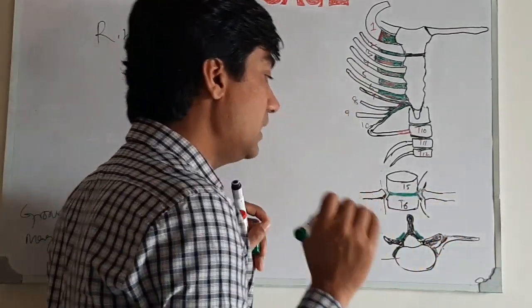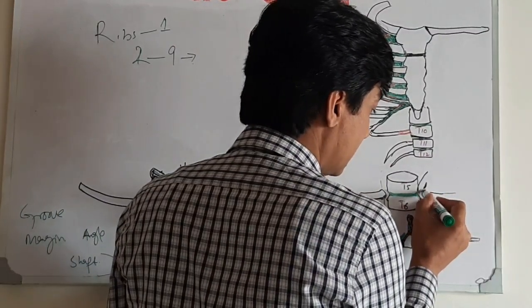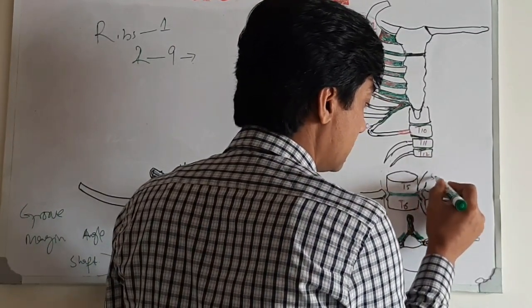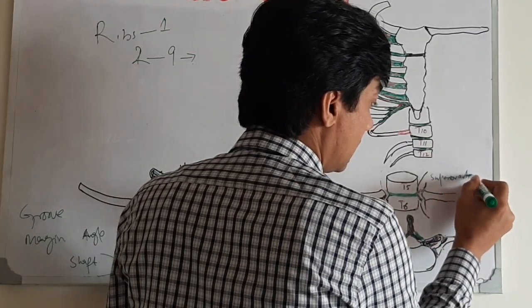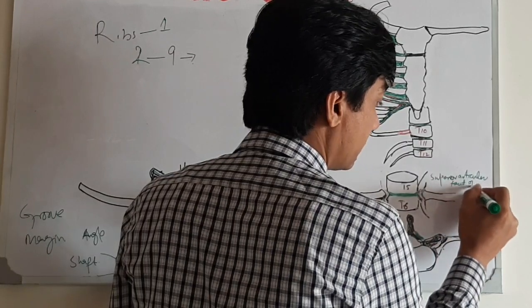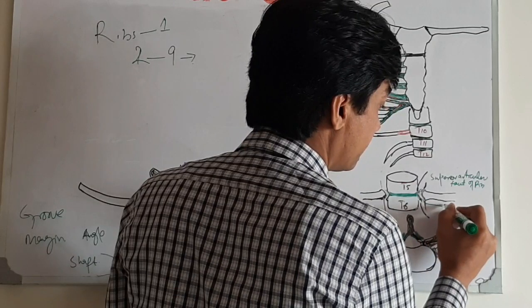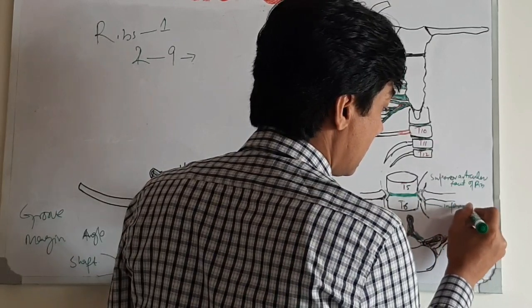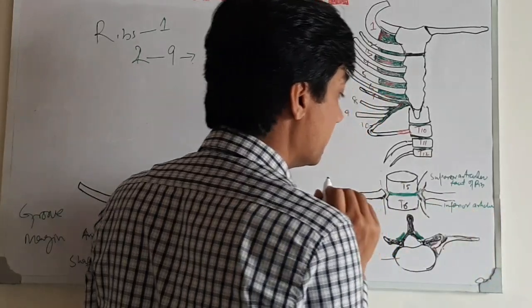There is a double articular facet of ribs. This is the superior articular facet of the rib, and this is the inferior articular facet of the rib.